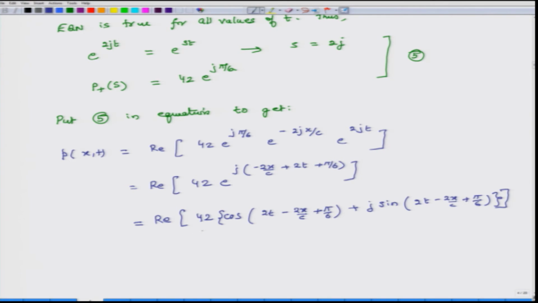Okay. And if I take the real of everything in the parenthesis, what I get is 42 cosine 2t minus 2x over c plus pi over 6.